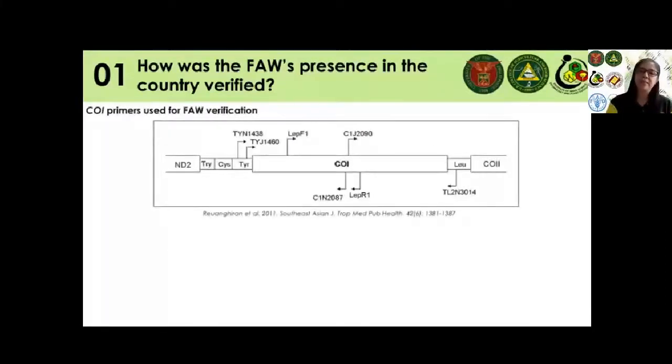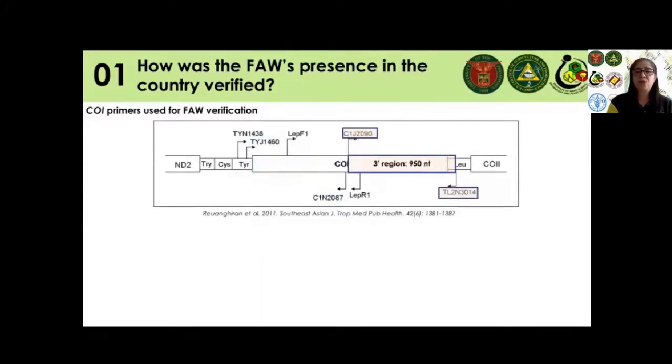The COI gene can be amplified using 3 sets of universal primers. The 5' region can be amplified using TYJ140 and C1N2087, which yields a 650 nucleotide fragment.